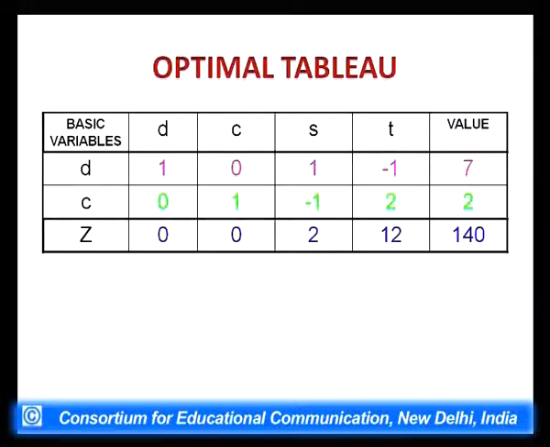It means this table belongs to the optimal solution because it doesn't have any negative values in the objective row. Then the value in the value column will be the maximum profit or the value of the objective function. So 140 is the value of the objective function. Against D, the value in the value column is 7. So the number of dolls to be manufactured is 7, and the number of cars to be manufactured is 2.